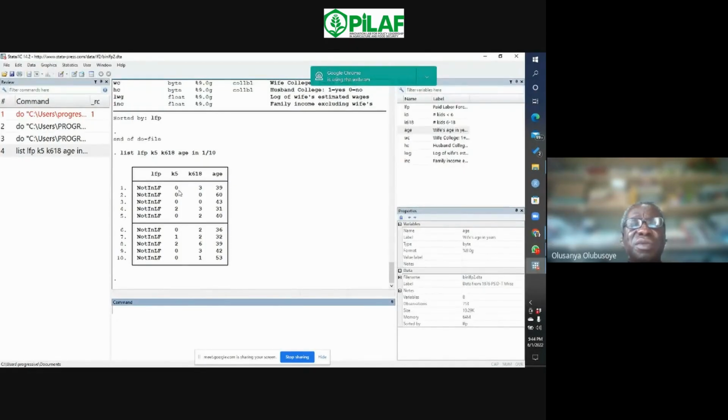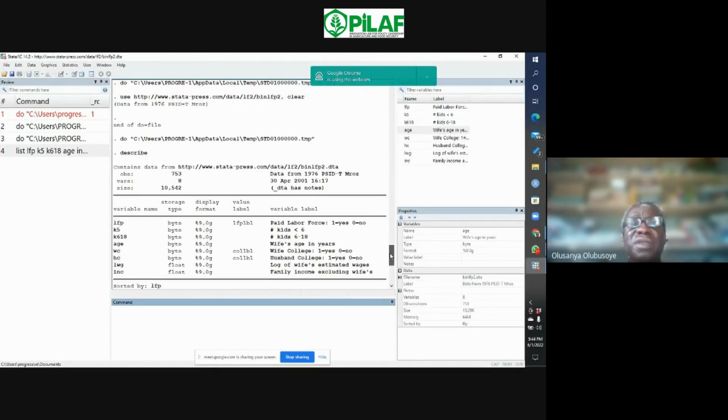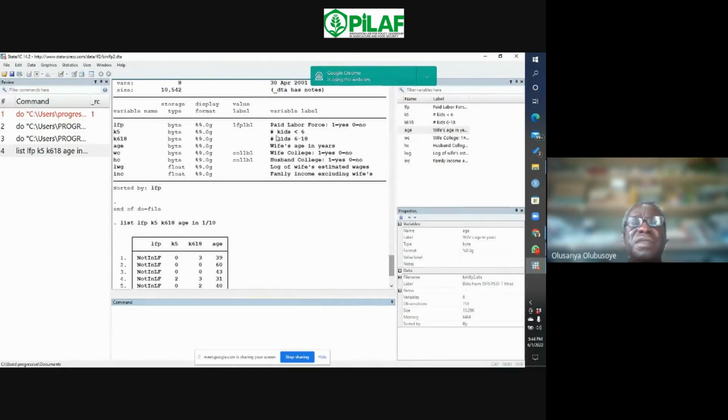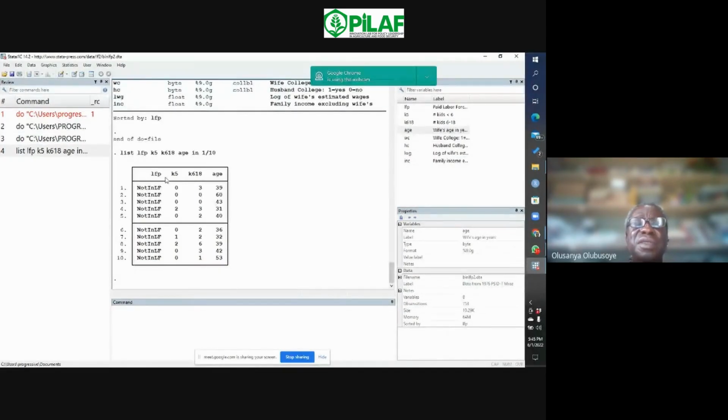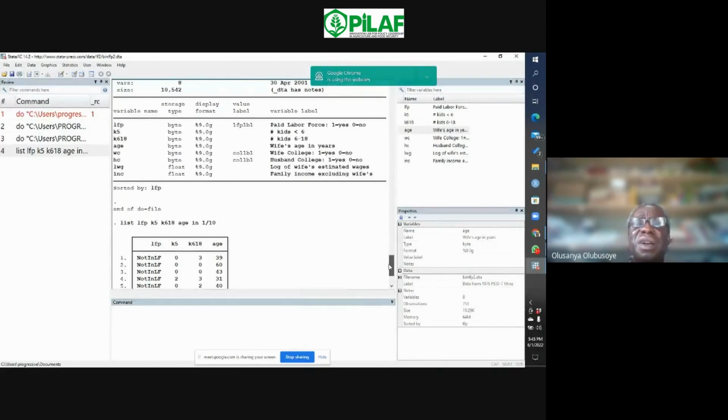K5 is having kids below the age of 5. How many? No kids below the age of 5. K18 is kids between 6 and 18. That first person has 3 of them. And the age of this woman is 39. So that's just for you to see the data.